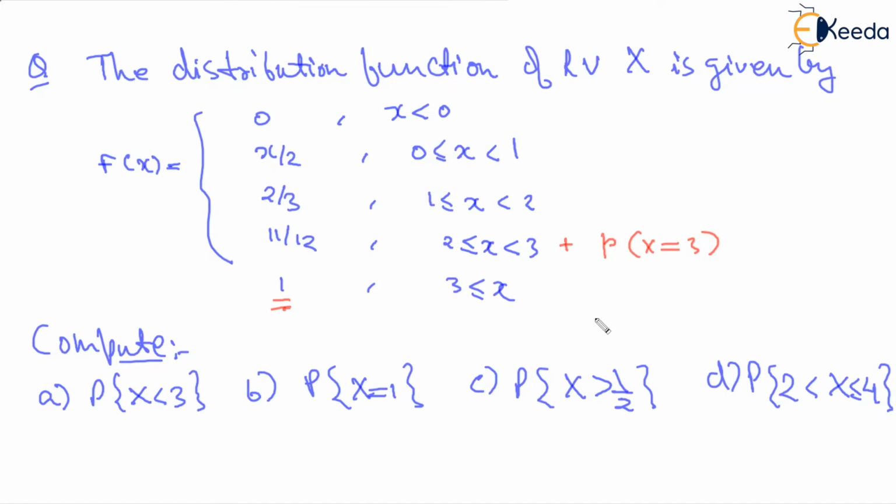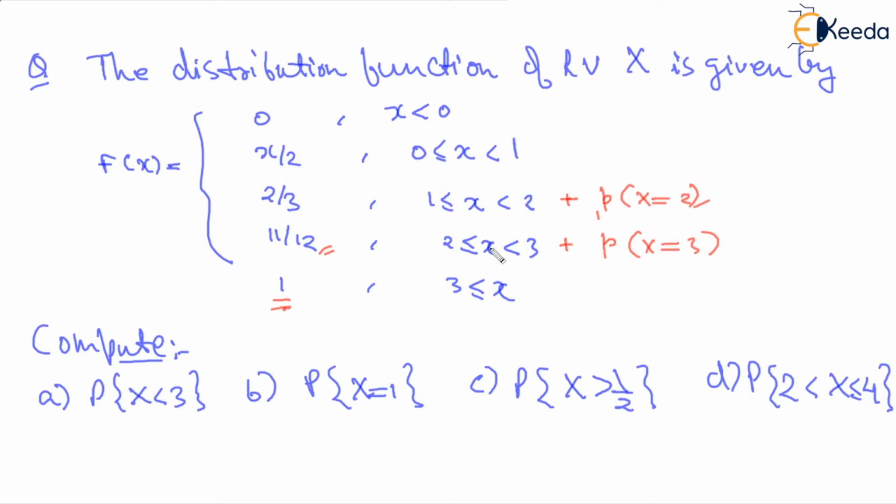So this is the value we have got till x is less than 3, and right at x equal to 3 it becomes abruptly 1, which means the density at x equal to 3 made this sudden increase from 11 by 12 to 1. Similarly, up to 2 it was 2 by 3, and then when we add the density at x equal to 2, we get this value, right? There is no value between x equal to 1 and x equal to 2, no value between x equal to 2 and x equal to 3, right? Such observations we can definitely make.